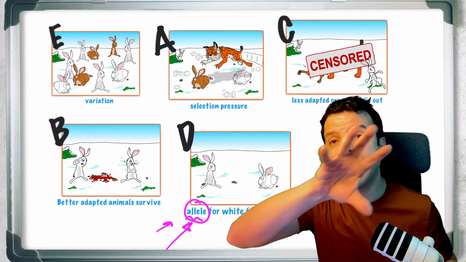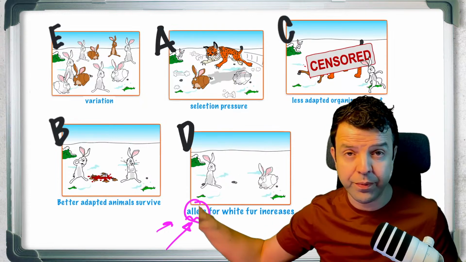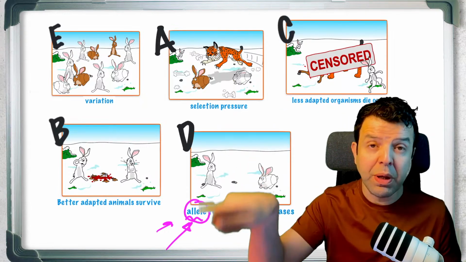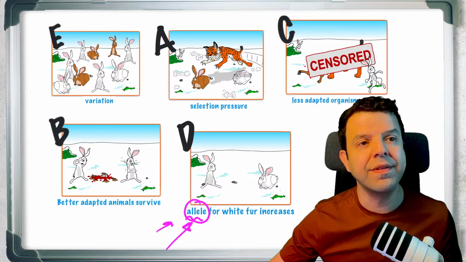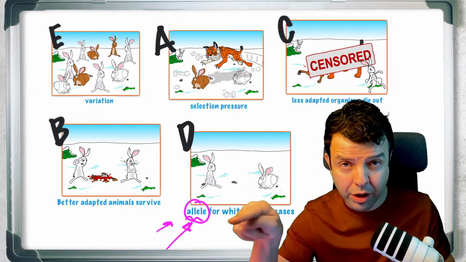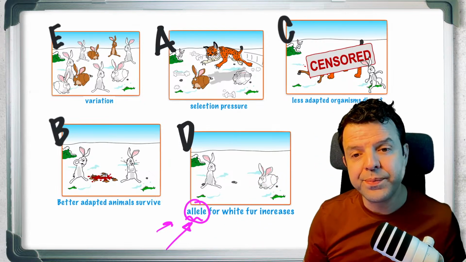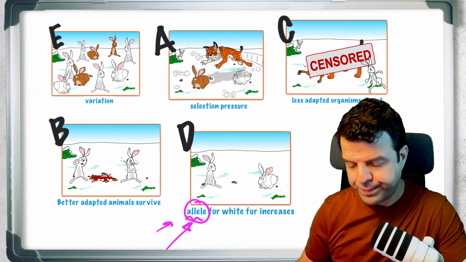Gene is the main thing. Gene is fur color in general. But allele could be white or brown. So when you write the allele passes, this means that you understand that this particular color is the one that is passing. Okay?